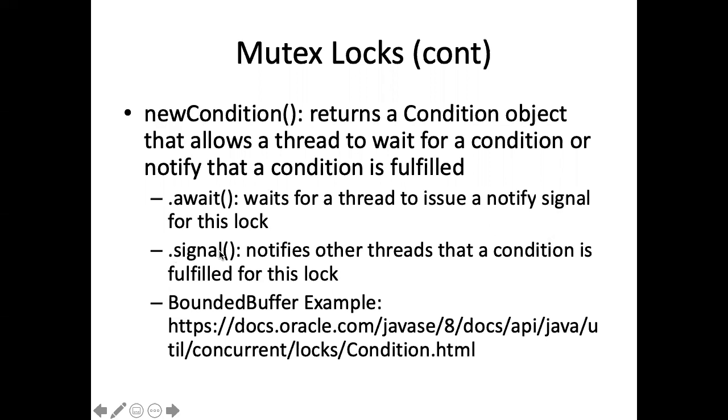And then the signal method is like the notify method. It notifies other threads that the condition is fulfilled for this lock. So you typically signal and then you unlock the lock so that other threads know that the condition is fulfilled.